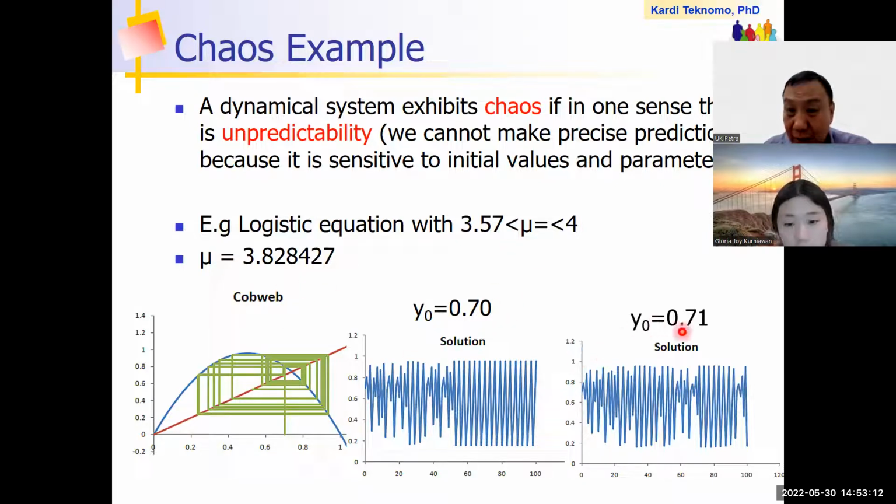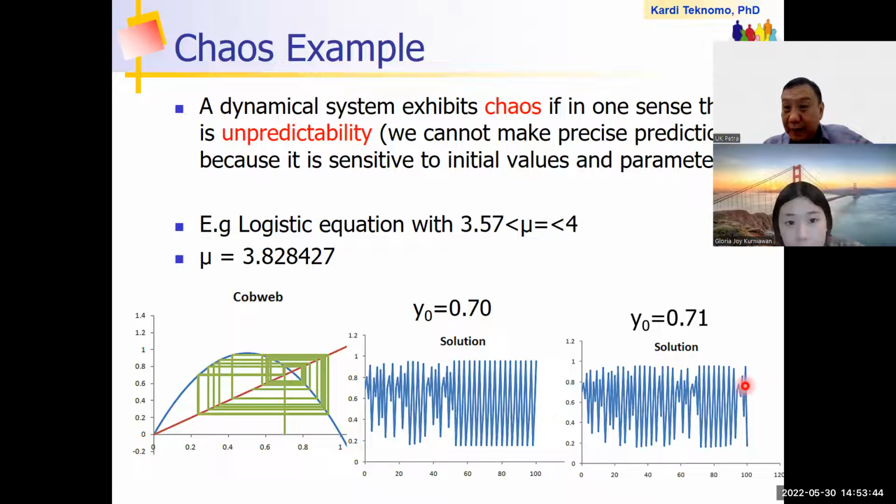You only change the initial value. So instead of 0.7, you make it 0.71. The behavior of the system changed drastically just because you changed the initial condition.